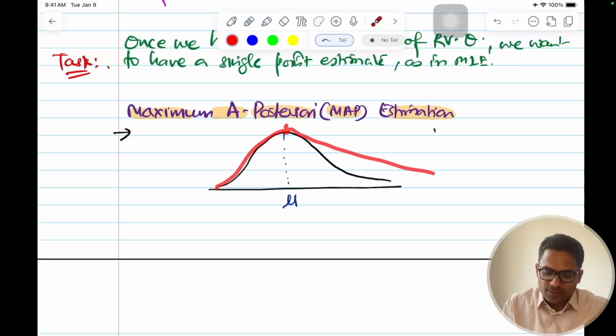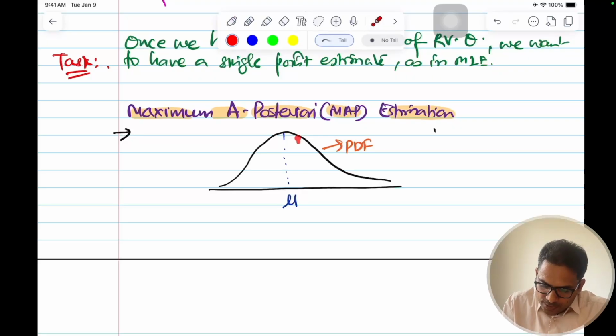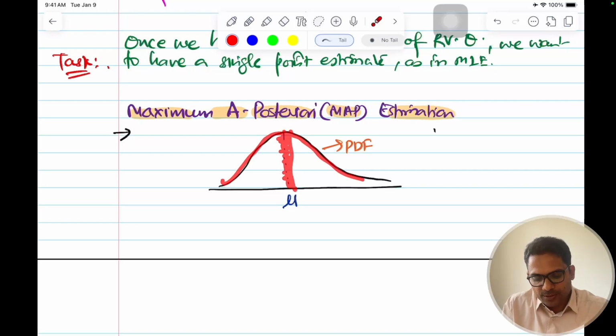So whatever is the peak value, it tells me the mode of this distribution. This is a PDF, so this peak will tell me the value around which the probability of finding something is maximum. At this value we'll have the maximum number of entries.